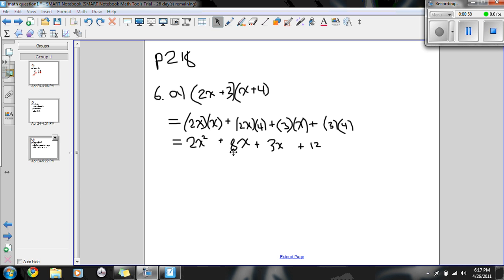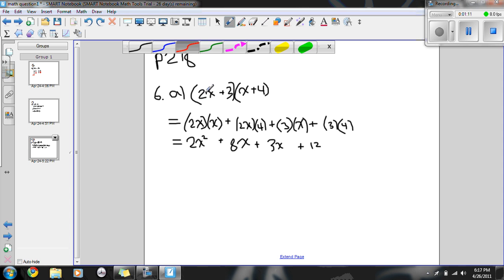And as you can see, 8x and 3x both have the same variable, x. So for 8x and 3x, you can add them together.